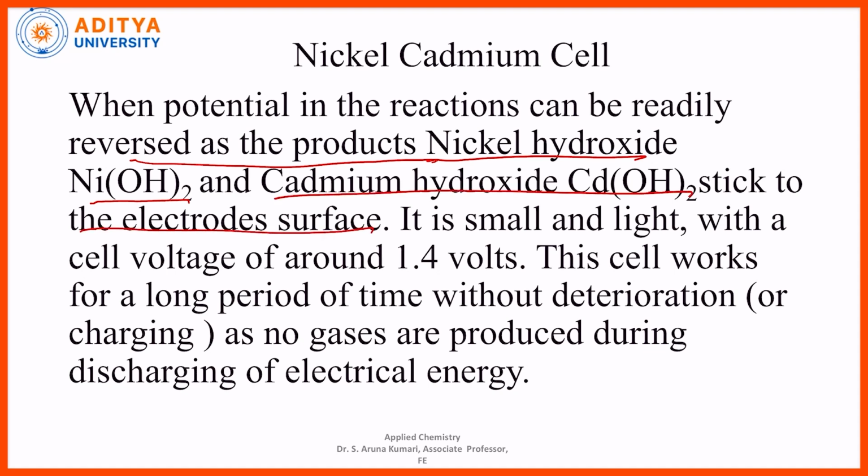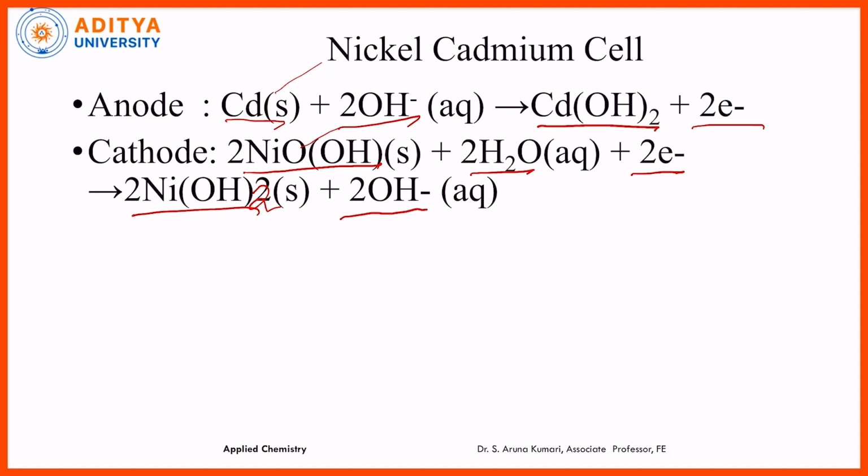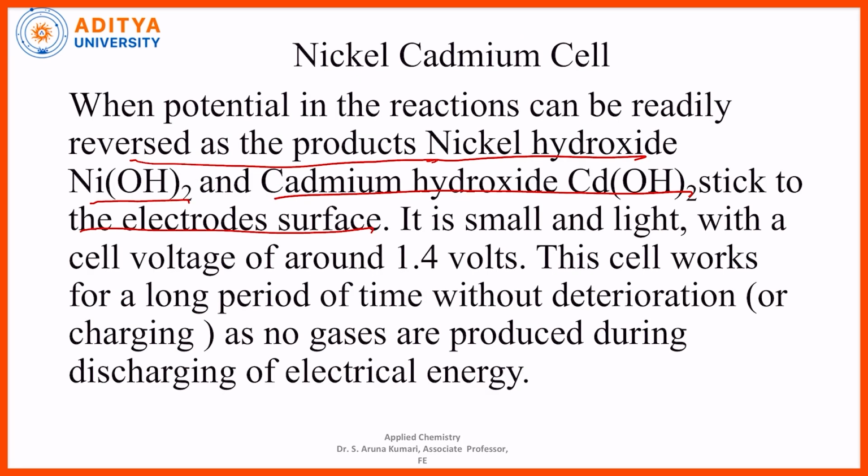That is the reason we can reverse these reactions. The cell is small and light in weight, with a cell voltage of around 1.4 volts.